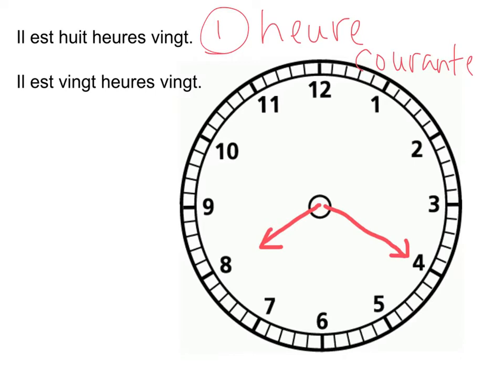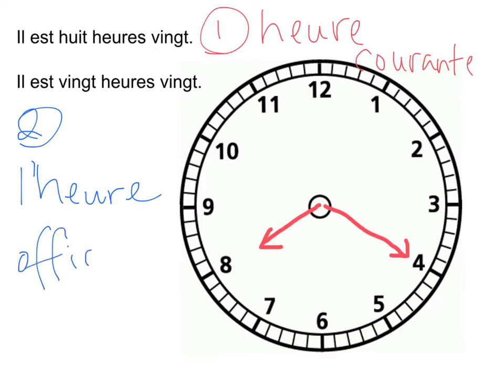Okay, and in the second phrase on each slide, we're going to use l'heure officielle. Okay, and that is the 24-hour clock. L'heure officielle is 24-hour clock. L'heure courante is how we would use it normally.